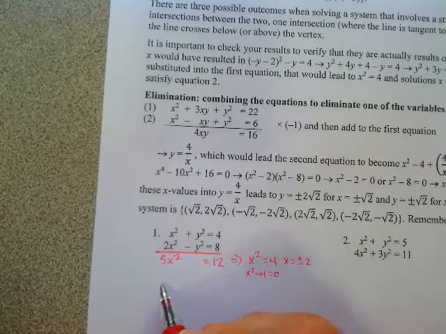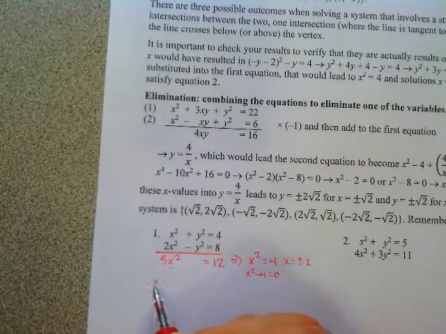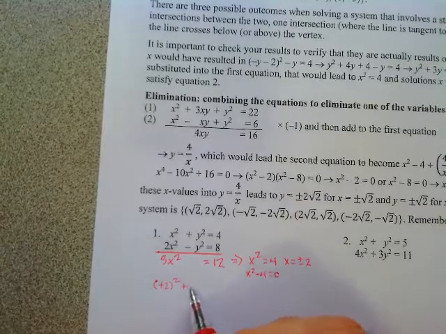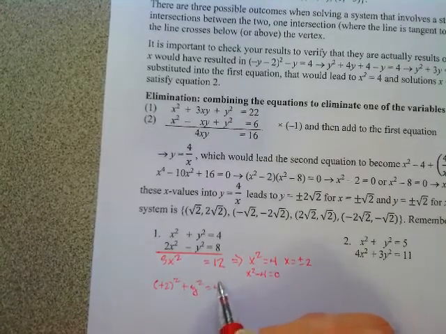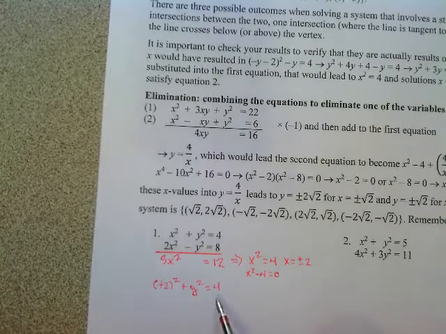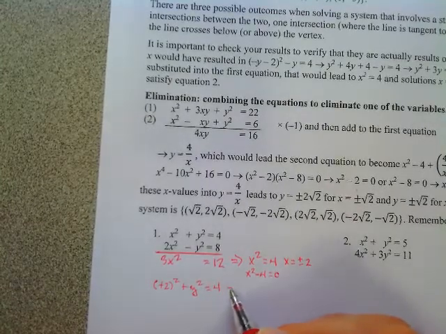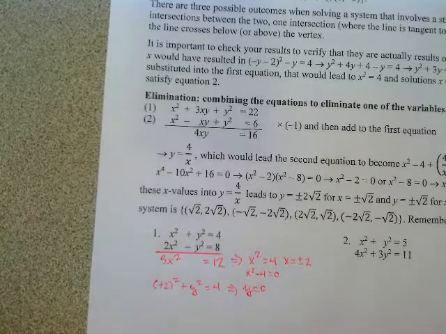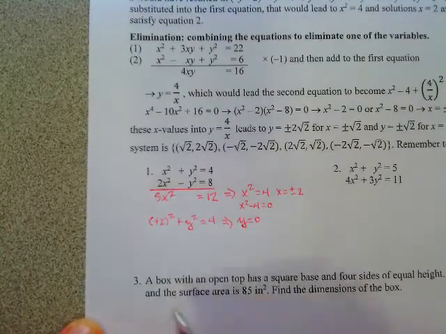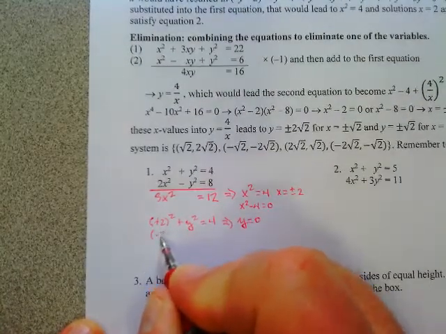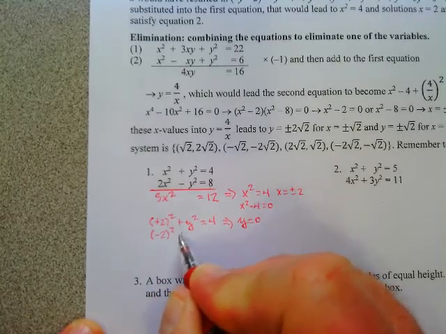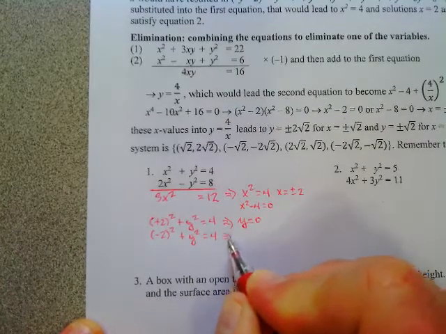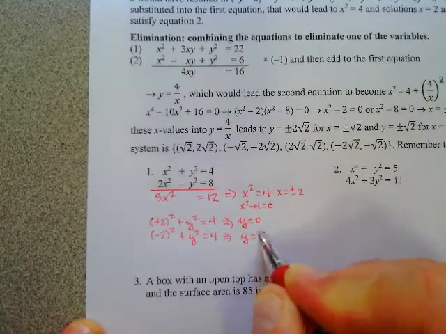And so, let's see, I have the plus 2 squared plus y squared equals 4. Well, that's going to give me 4. I got 4 over there, so that says then that y is going to equal 0. And if I do the negative 2 squared plus y squared equals 4, that's also going to give me y equals 0.